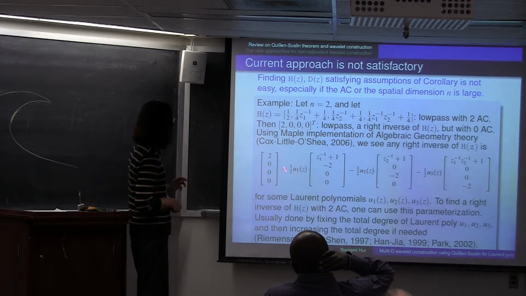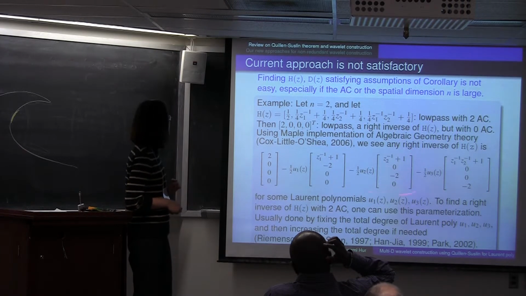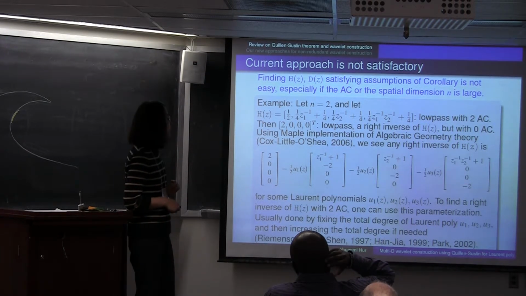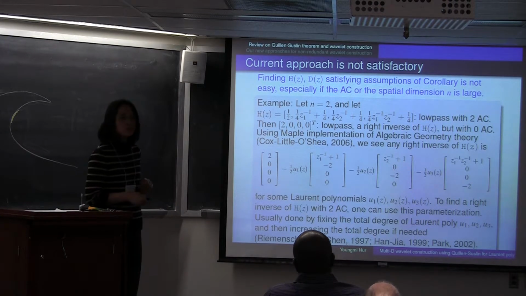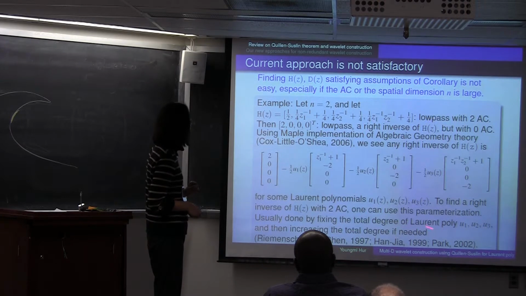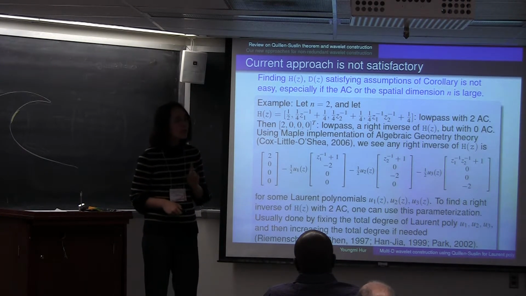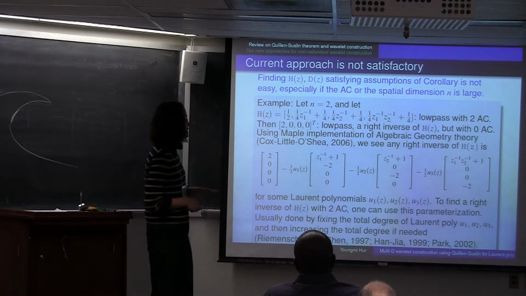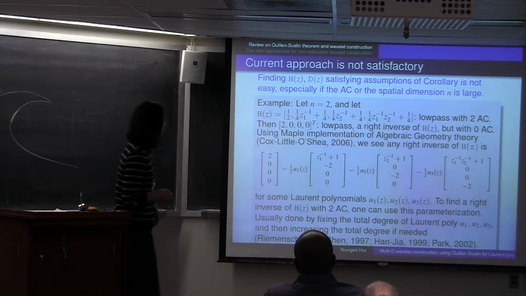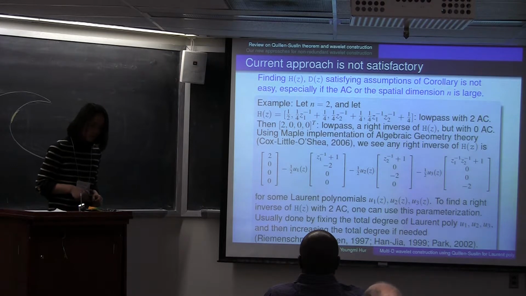So essentially, you have all the freedom for the Laurent polynomial. Okay? Only 9 conditions. So there always exists a solution. But there are too many solutions. So what people usually do is fix the total degree of the Laurent polynomial, say 1. Most likely you will not be able to find the solution. What do you do? Just increase, and so on. So this way of doing it is not satisfactory in many scenarios.